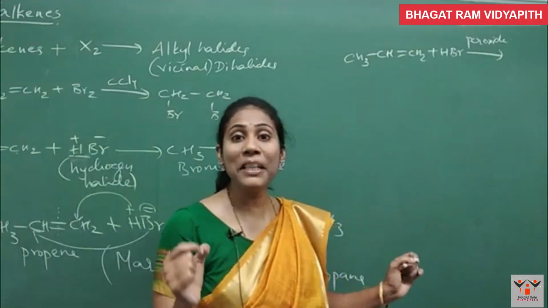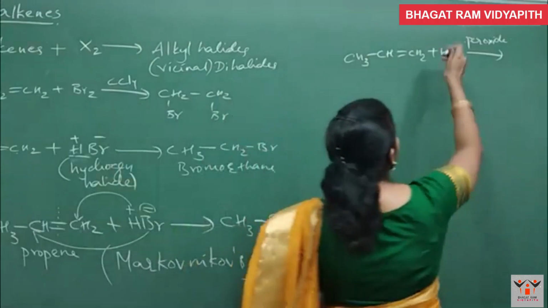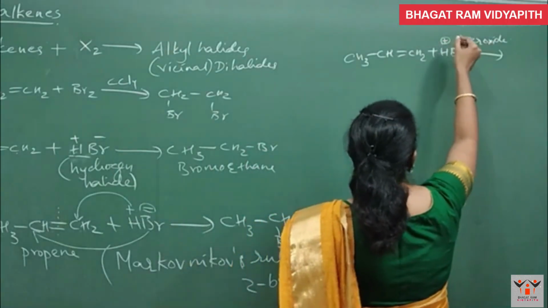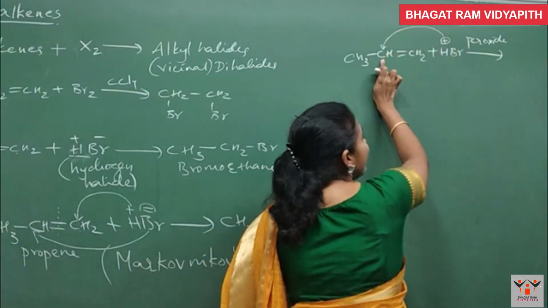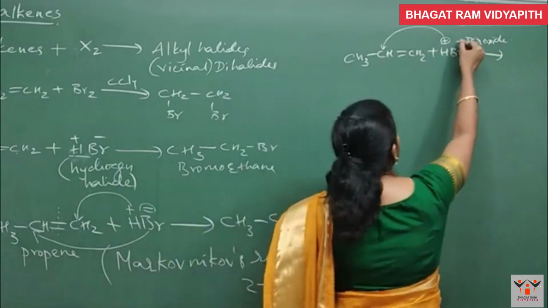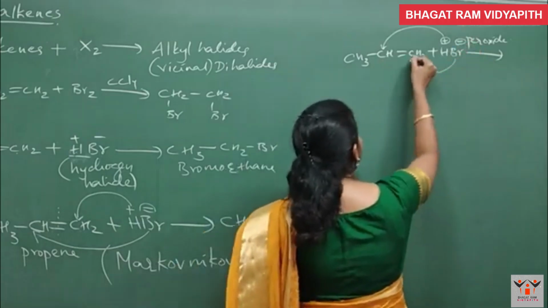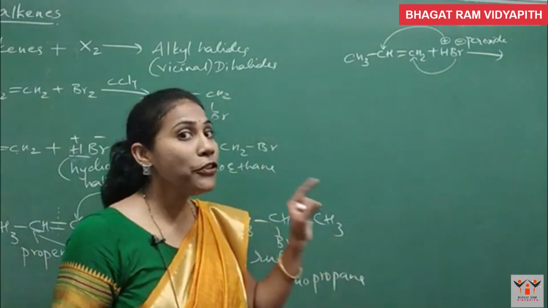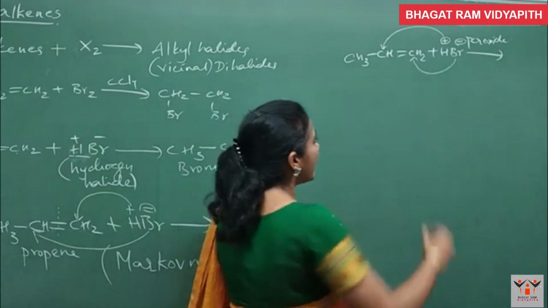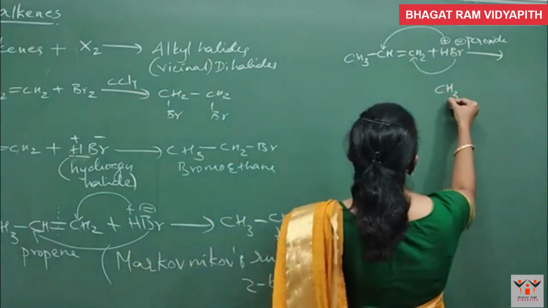So what does the anti-Markovnikov's rule say? The positive part is added to the unsaturated carbon having less number of hydrogen, and the negative part is added to the unsaturated carbon having more number of hydrogen. So if you add HBr in that way, what is the product you are going to get?